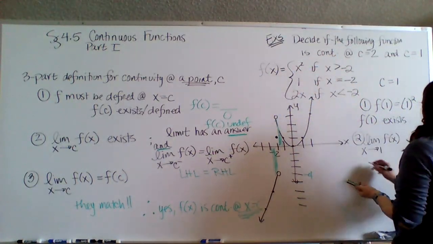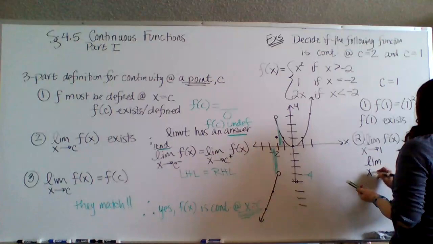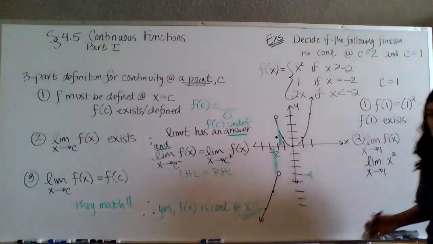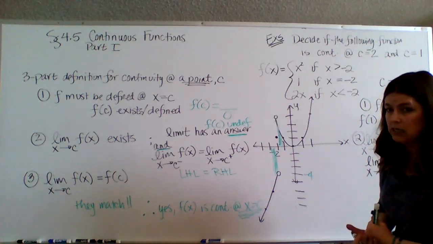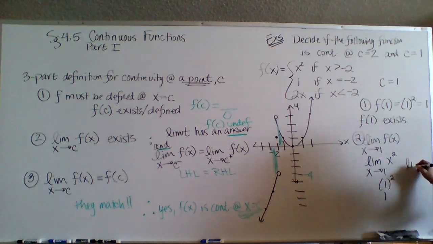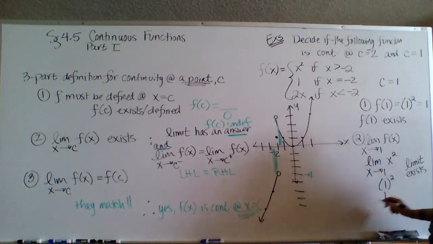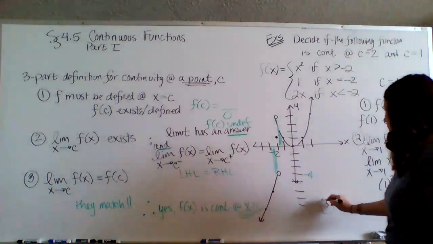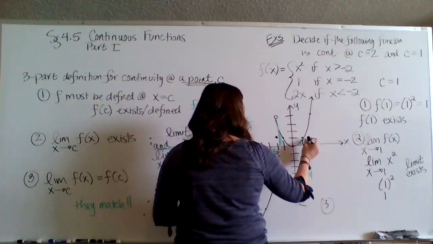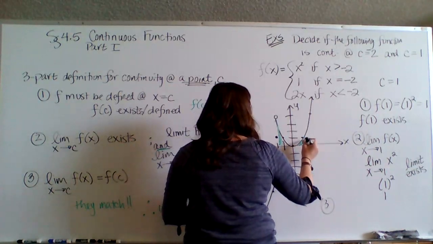So you'd just be using the limit as x approaches 1 of that x squared piece. The first thing that we try with limits approaching a c is direct substitution. We can directly substitute this in. We don't even have a denominator, and 1 squared gives us 1. So our limit exists. And if we think about it graphically, the closer and closer we get to 1 from either direction, the closer and closer we're going to the target of 1.